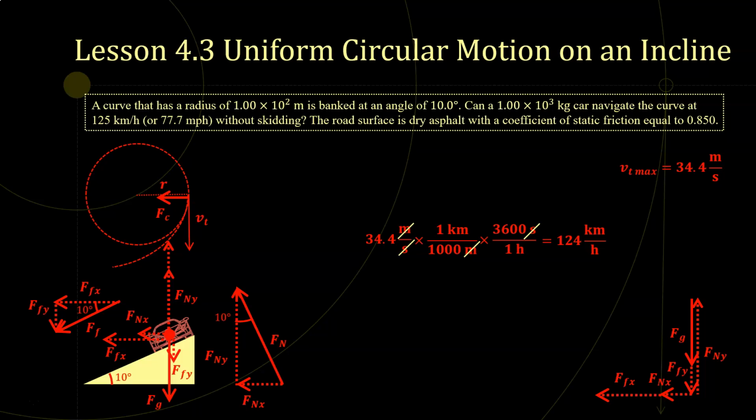I'm probably still going to stay in my lane because I'm not moving that much faster, but my tires are going to start squealing because the friction force isn't great enough to provide enough centripetal force along with the bank of the curve to hold me in that circle without sliding. So yes, the car will skid a little bit. It's probably not going to skid all the way off the road, but the tires are going to start squealing as I turn this corner.